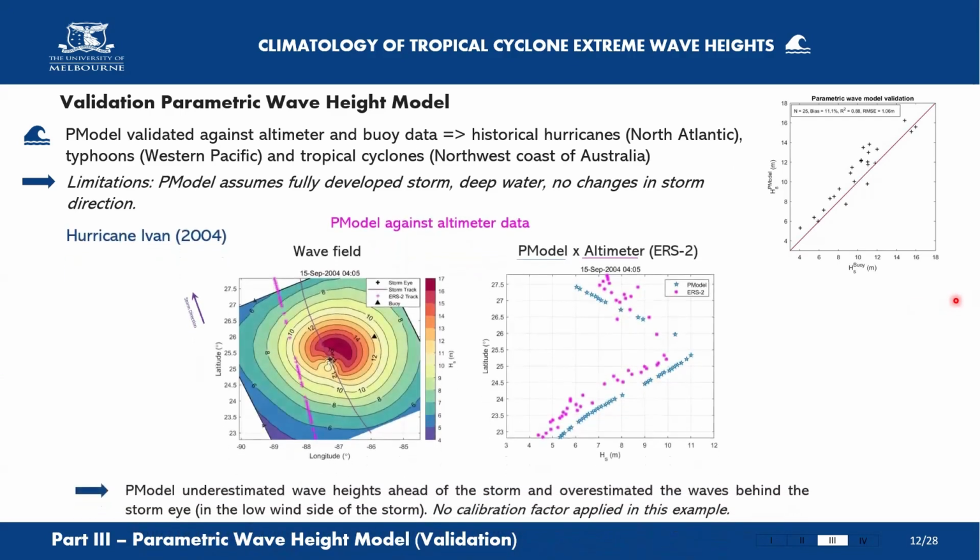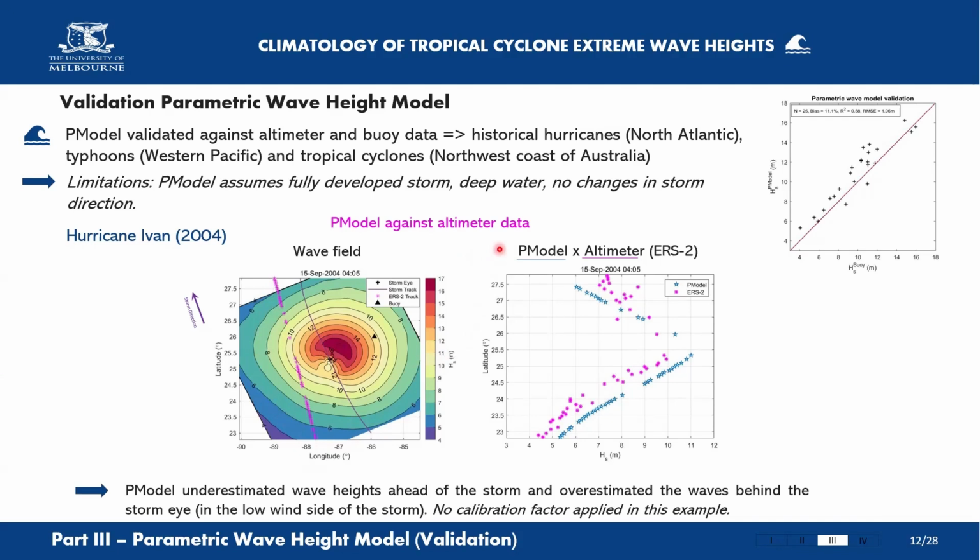Here, just one example of the comparison against the altimeter data for the same Hurricane Ivan. On the left, we have the wave field calculated by the parametric model, and in magenta, we have the track of the altimeter.